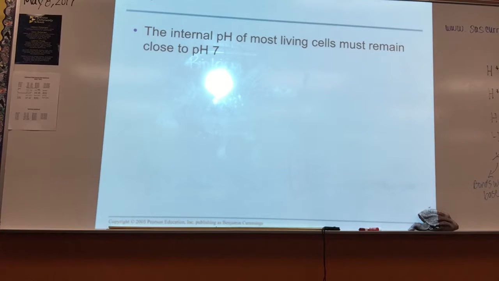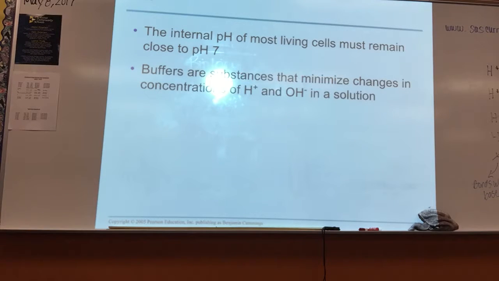The thing is that we take stuff into our body. We eat things, we drink things, we breathe in things. These are different molecules, different chemicals that can change the pH in us. And so we have to have ways to buffer or resist those changes so that our enzymes can work and so on.